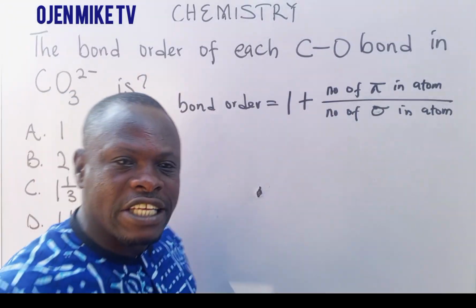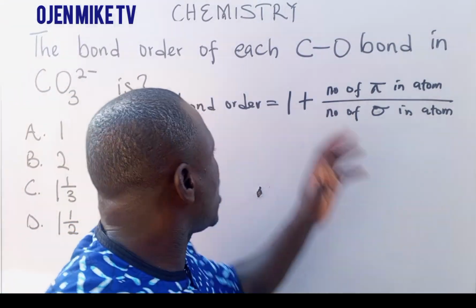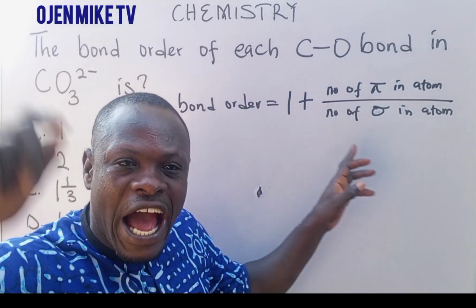This is the simplest formula you can use to calculate bond order in a polyatomic ion.